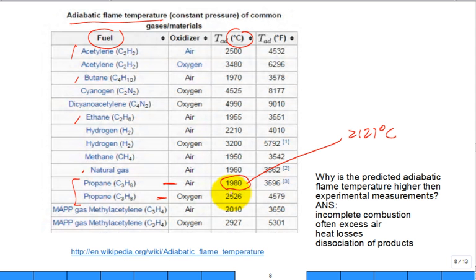But why are our predicted adiabatic flame temperatures higher than the experimental reported values out there? Few reasons. The real combustion is incomplete. Often you have excess air, slightly excess air. There are heat losses. When you see that blue flame, what are you seeing? Luminous. You could turn the lights out in the room and you'd still see the blue flame.